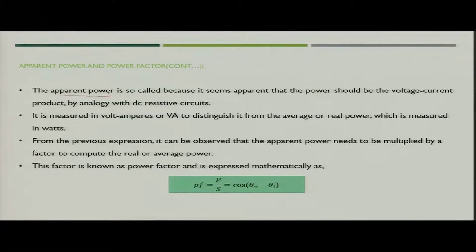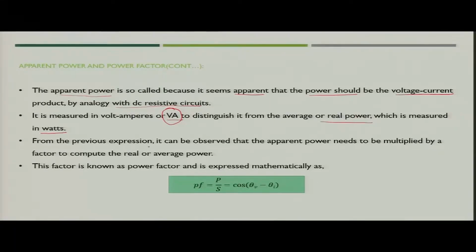It seems apparent that the power should be the voltage-current product, by analogy with the DC resistive circuit. Apparent power is measured in volt-ampere, just to distinguish it from the real power, which we express in watts. So, to differentiate between apparent power and real power, we use volt-ampere as the unit for apparent power and watt as the unit for real power.